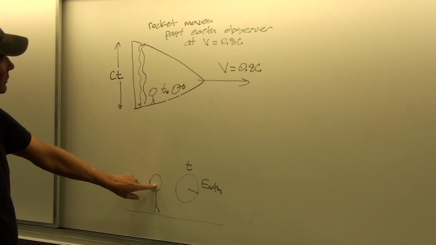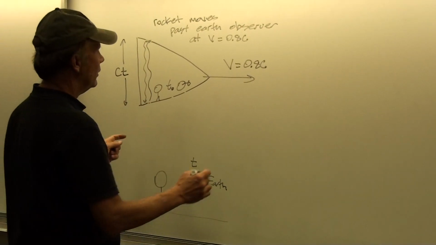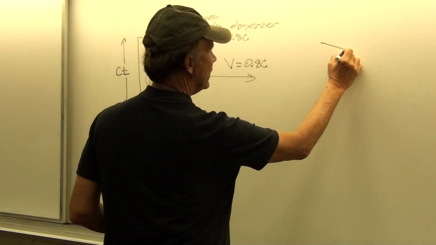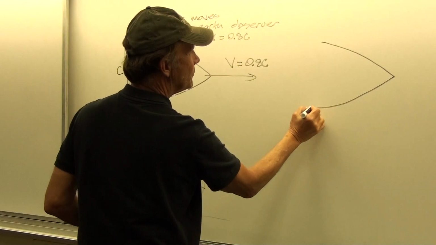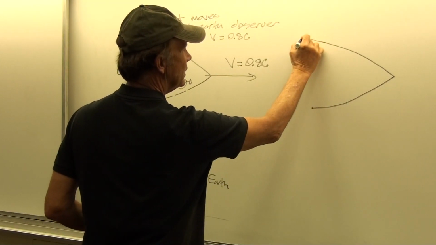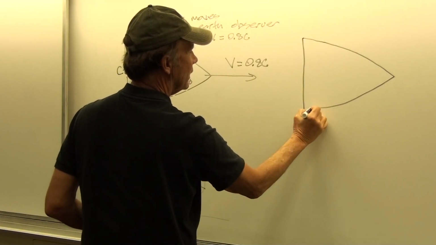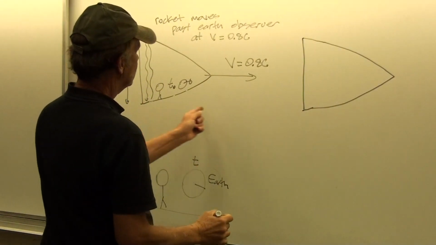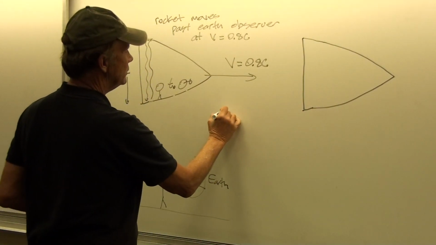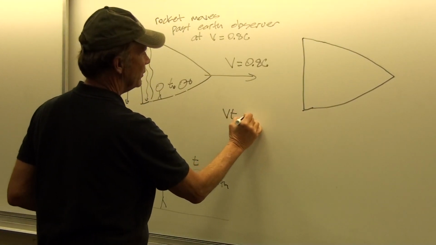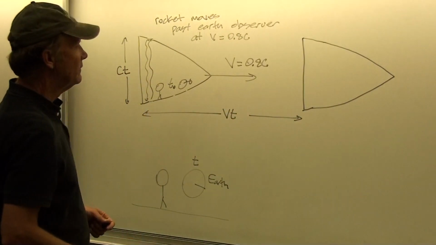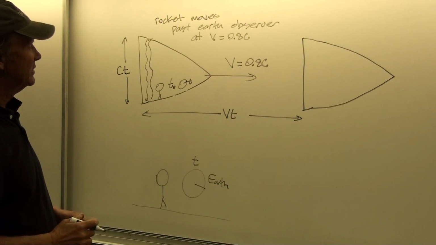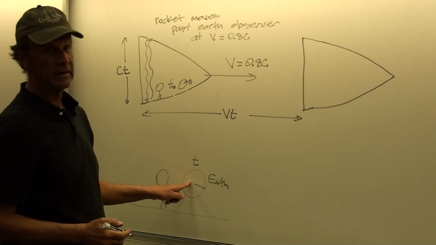What does the Earth observer see? Well, the Earth observer sees that while the light beam has moved across the rocket, the rocket itself has moved a certain distance. Rate times time equals distance, so we'll call that distance Vt, where t is the time measured on the Earth's clock.